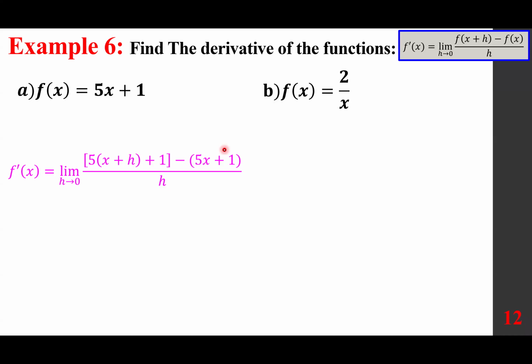We distribute. 5x and minus 5x cancel each other. Positive 1 and -1 cancel each other. And the numerator becomes purely 5h. H and h cancel out. The limit of 5 as h approaches 0 is simply 5.